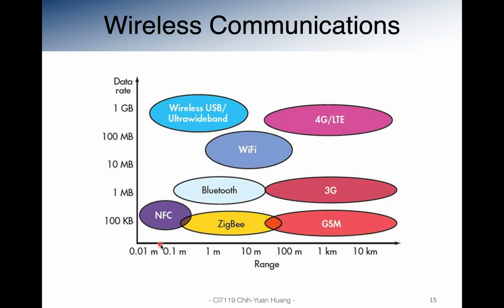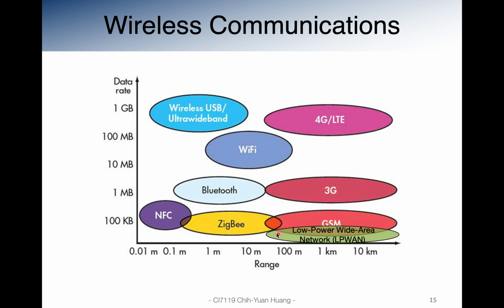The other thing is that there is one popular recent development in wireless communication, which claims to be a wide-range communication network with low power consumption. It is called the low power wide area network, or LPWAN, or low power WAN.